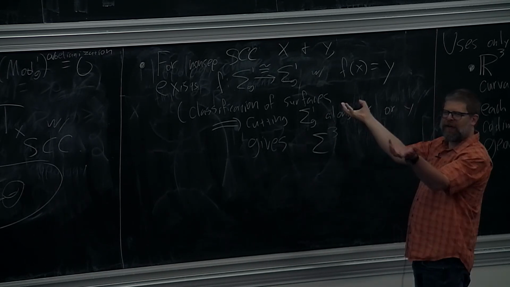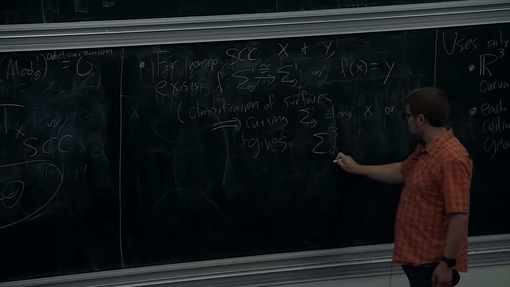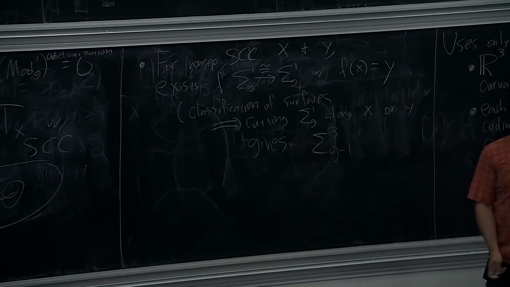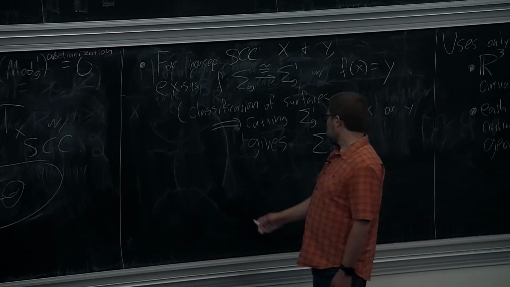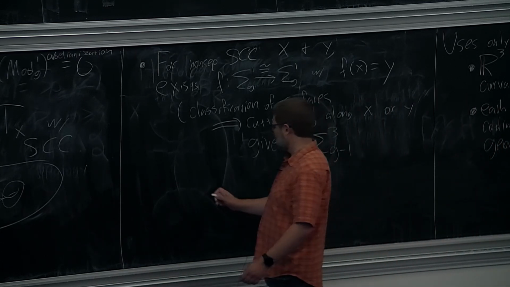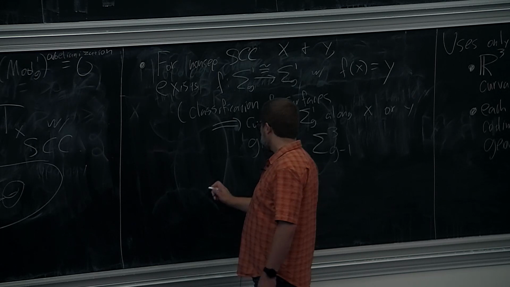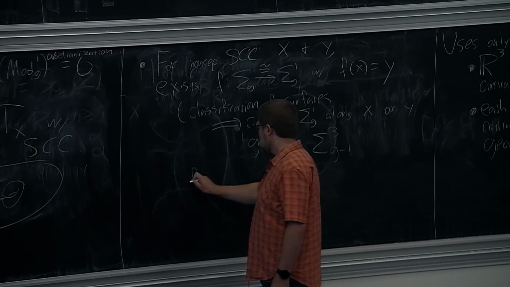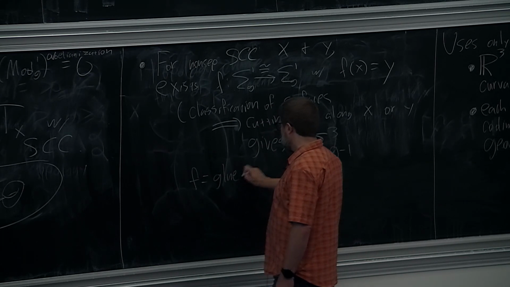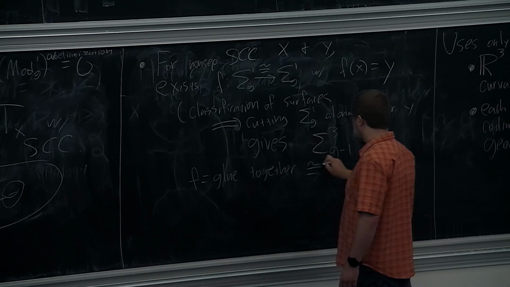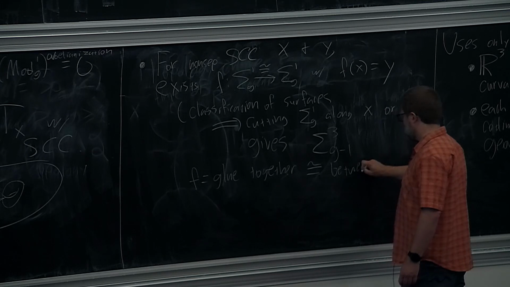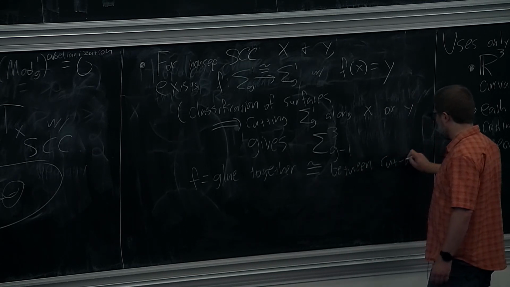Cutting it open opens up 2 boundary components and decreases the genus by 1, because you can calculate the Euler characteristic. So we know this, and so this gives this. So we get that gluing f is equal to gluing together an isomorphism between cut open surfaces.